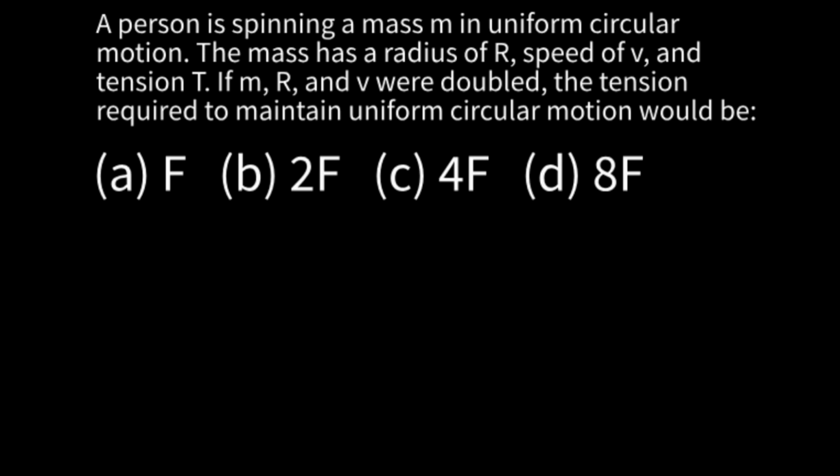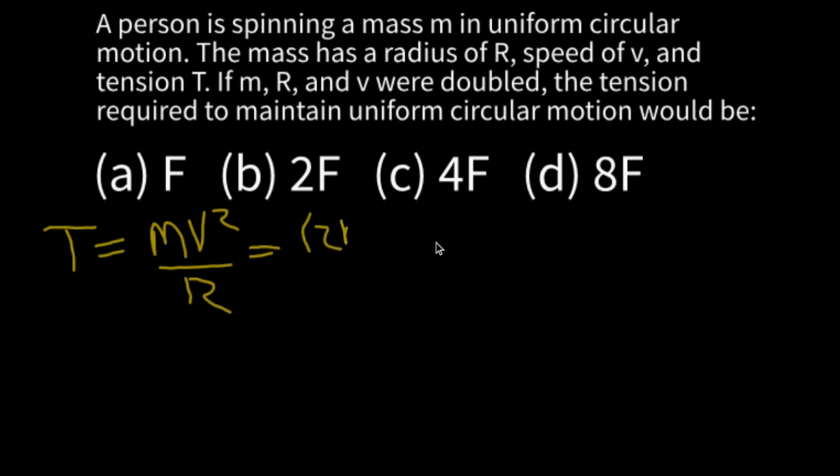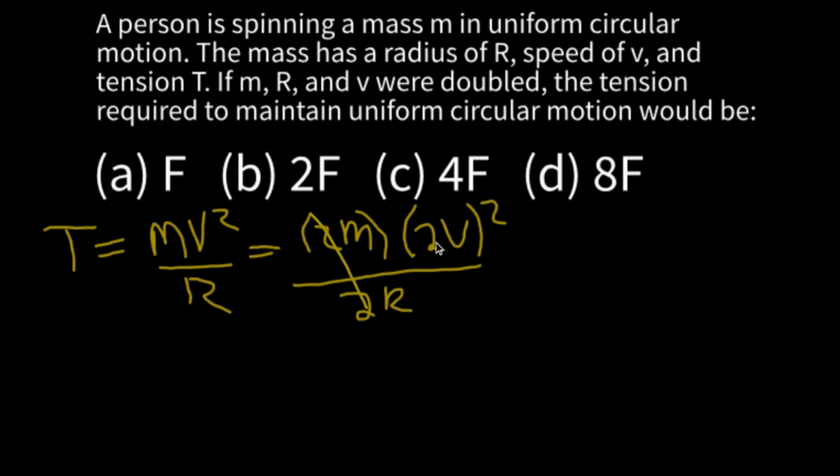So in that case, tension equals mv squared over r. And now we are just doubling everything. So we get 2m times 2v squared divided by 2r. Alright, so these 2's cancel, and we get m, and then we take 2 squared to get 4, and then we're left with v squared over r.